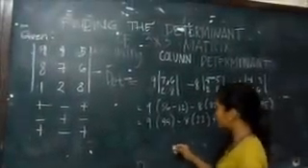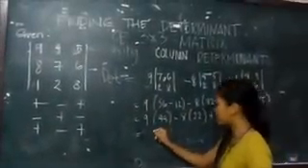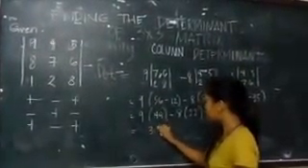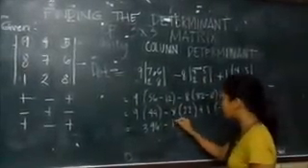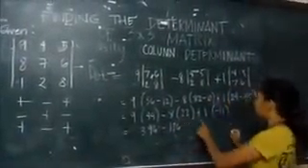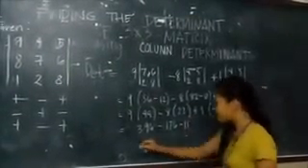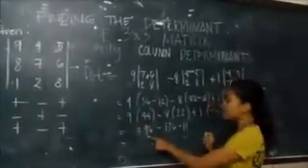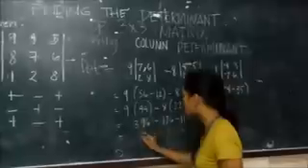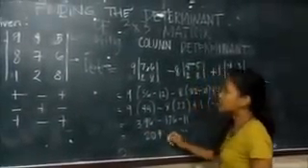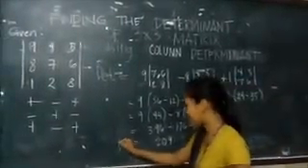Then let's multiply. 9 times positive 44 is equal to 396, minus 8 times 22 is 176, plus 1 times negative 11 is negative 11. Then 396 minus 176 minus 11 is equal to 209. So the determinant of this matrix is 209.